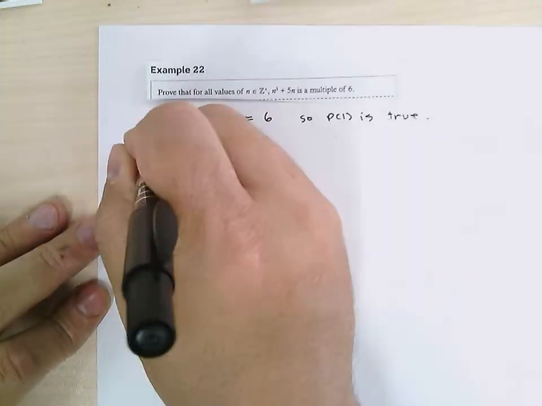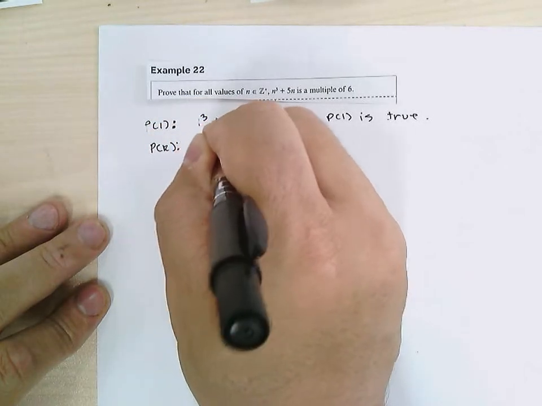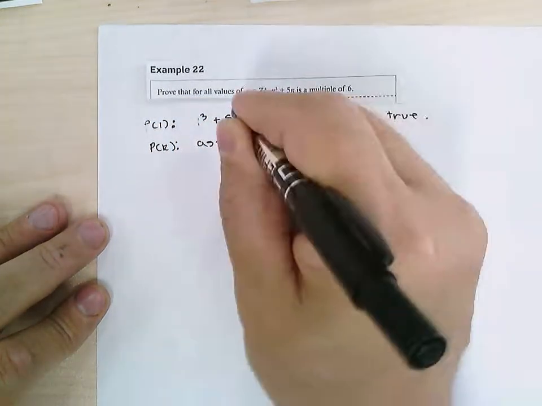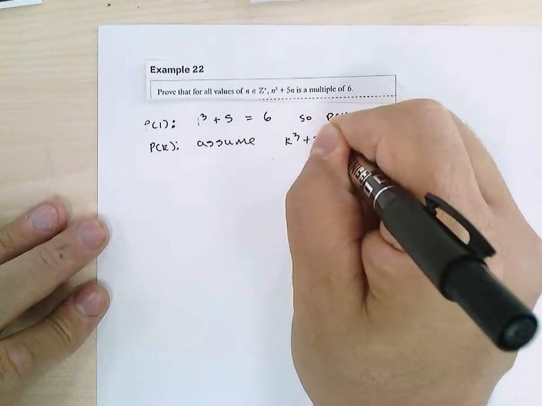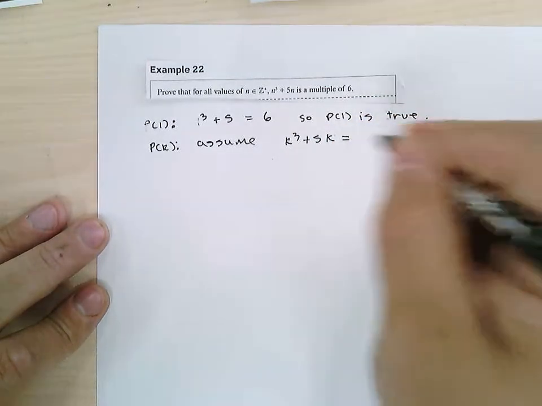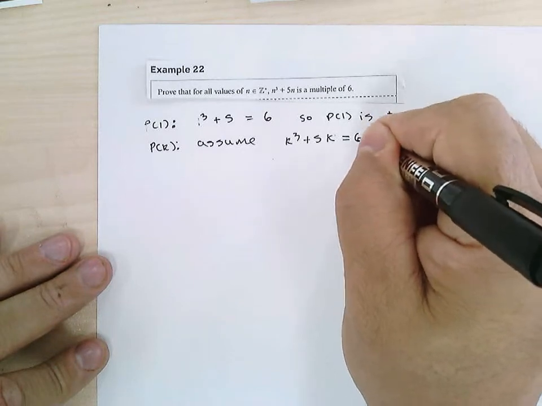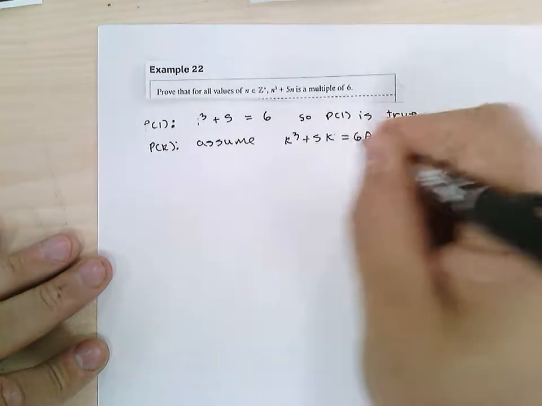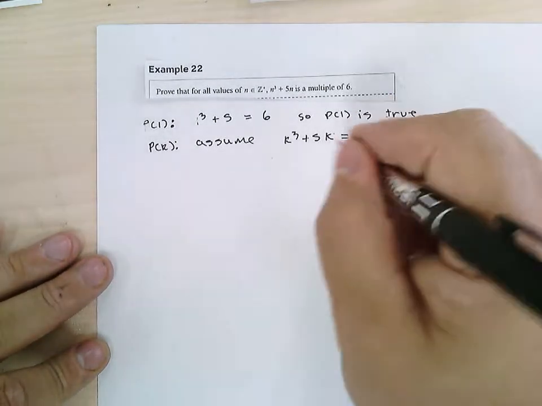Good. Now, P of k is the step where we assume our statement right up here, that k cubed plus 5 times k is a multiple of 6. And just like we did when we had divisibility, it's the same difference. We can say 6a, and we have to set restrictions on our variables so we know what we're talking about. The easy part is k.